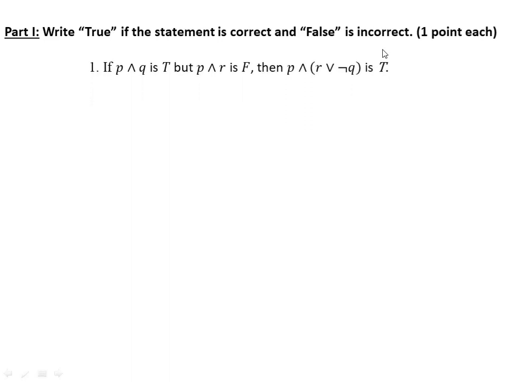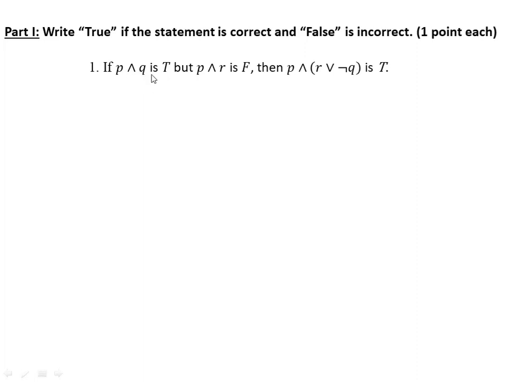Question number 1 says that if P and Q is true, but P and R is false, then (P and R) or negation Q is true. Now, to determine whether this is true or false, let us check. From this, P and Q is true, then we obtain P is true, Q is true.